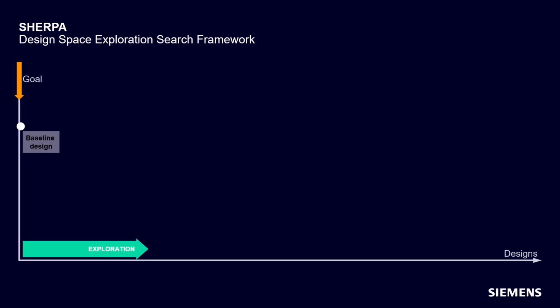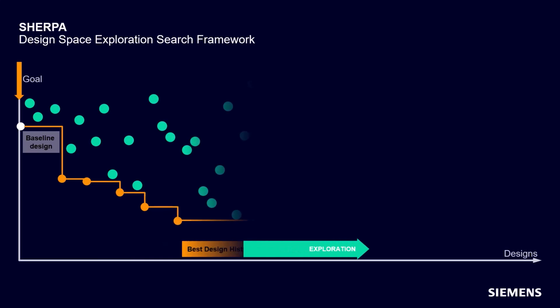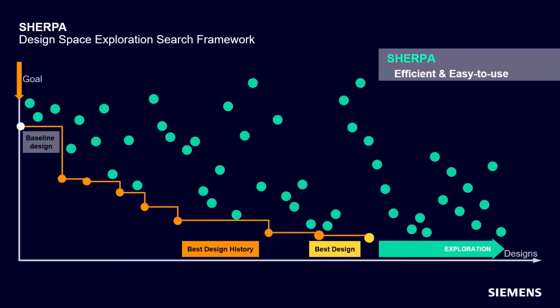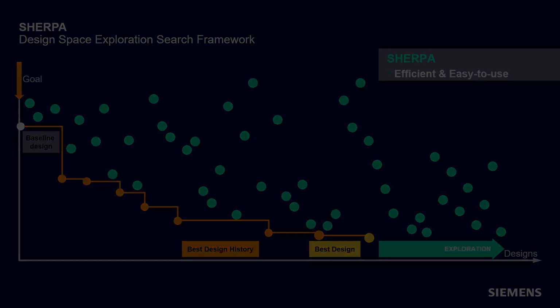Upon launching the optimization, SHERPA goes about navigating the design landscape against the prescribed budget with automated exploration. As noted prior, SHERPA is robust, efficient, and easy to use. It is a key part of the HEEDS solution, and the catalyst for discovering better designs faster.